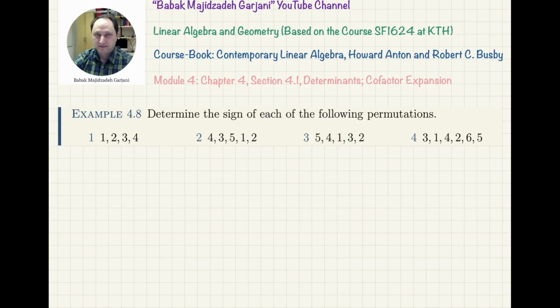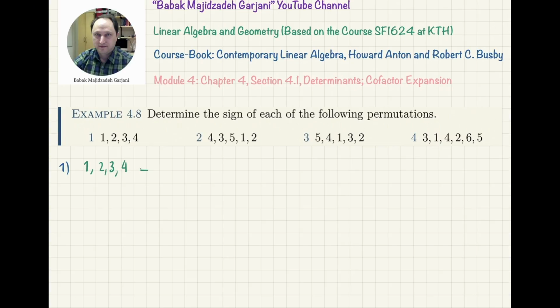So number one, the permutation that I have here is just 1, 2, 3, and 4. Okay, so how many transpositions are needed to put this permutation in its own natural order? Nothing, yes, because this is already in its own natural order.